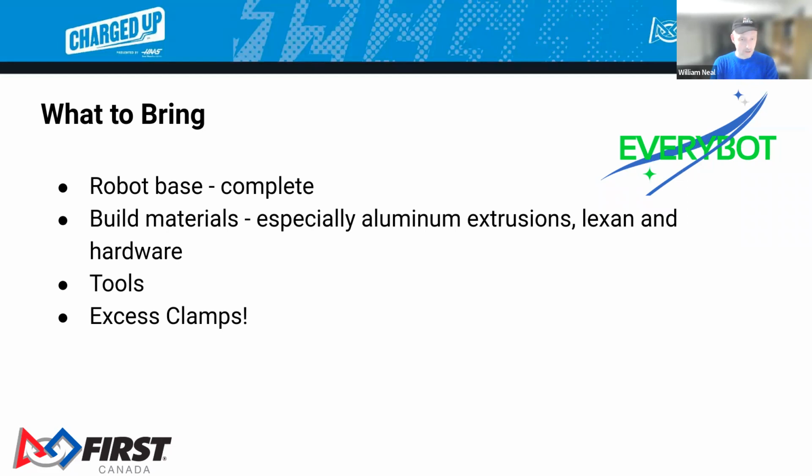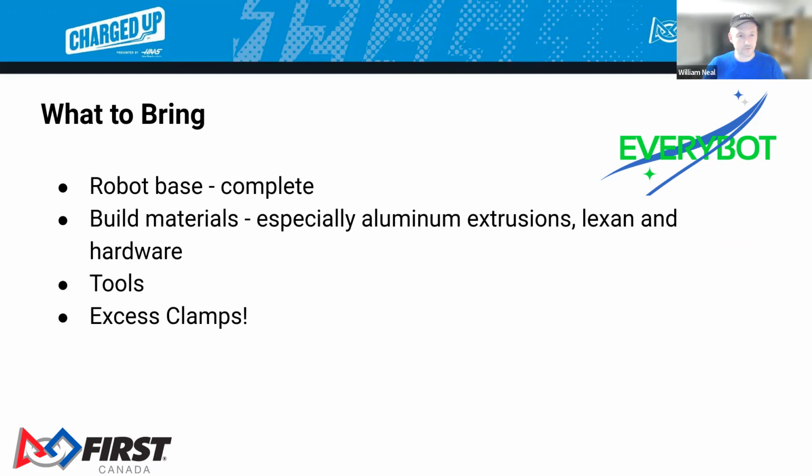If you did not sign up in the original sign up for the Everybot program, then you'll need to make sure you have these prepared. And I've already spoken to a few teams who have joined the Everybot subsequently and are making provisions to have these aluminum extrusions prepared and the Lexan prepared. So that's for our build materials, what to bring.